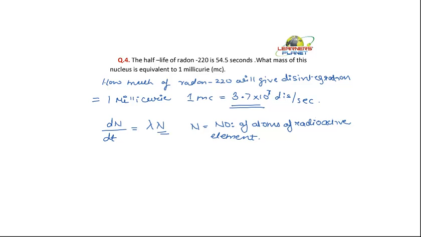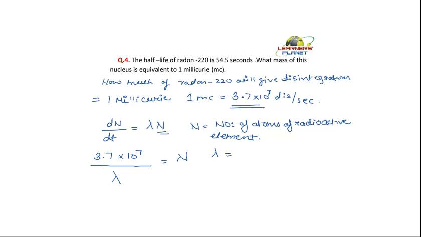Now, we know the activity. How much is the activity? It is 3.7 into 10 to the power 7 disintegrations per second. That divided by lambda is equal to N.